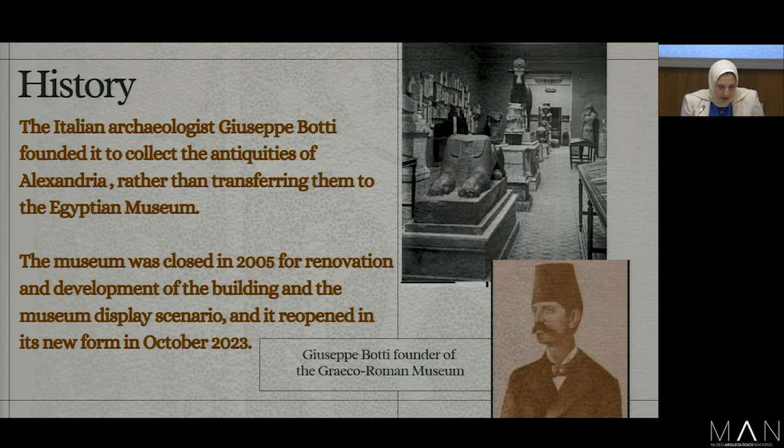The Italian archaeologist Giuseppe Botti founded it to collect the antiquities of Alexandria rather than transferring them to the Egyptian Museum. The museum was closed in 2025 for renovation and development of the building and the museum display scenario. It opened last October. We are almost celebrating our first anniversary.